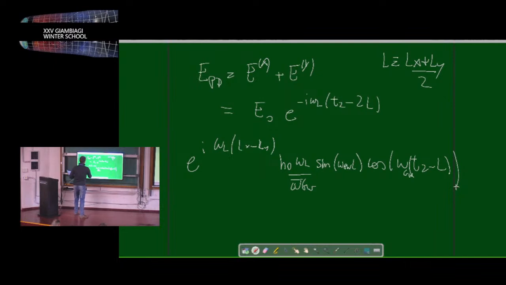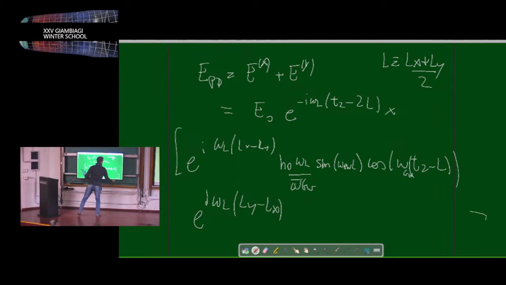Then I have to add the piece from the Y, the field that I'm propagating into the Y arm. Well, look at this. This is exactly minus, because this has to combine this piece I'm putting in evidence. So here for the Y-axis, I had omega laser T2 minus 2Ly.